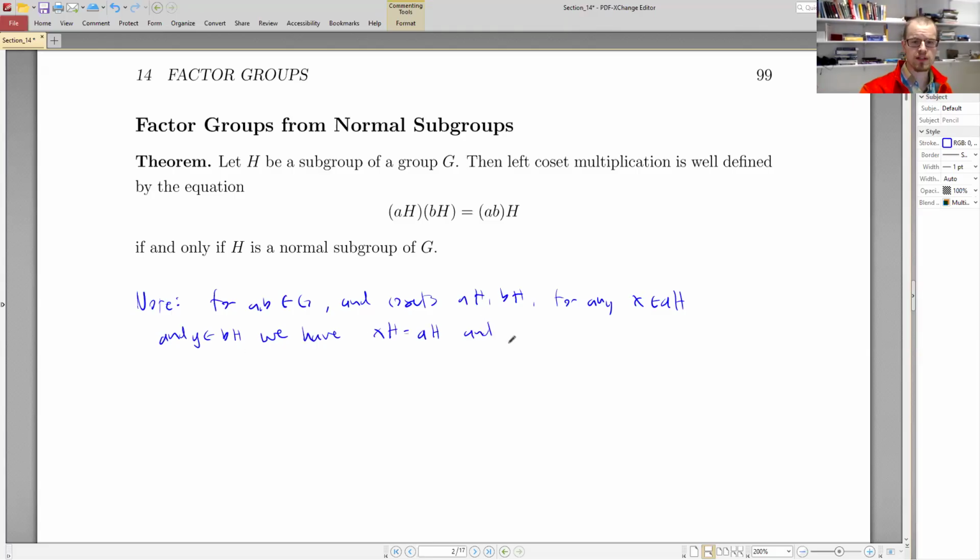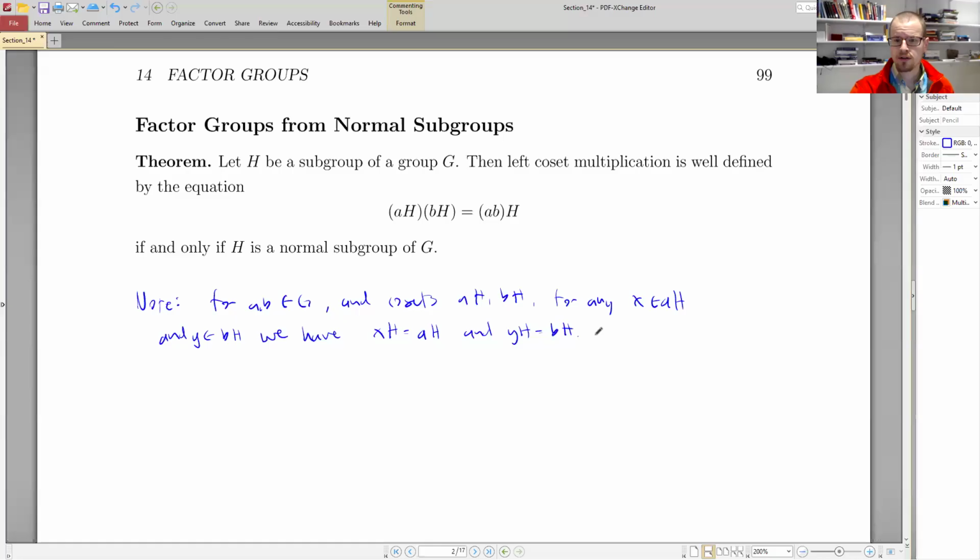And since y is in bH, yH is the same as bH. Excellent, right? That's just me picking a different representative for the coset. This is the coset which contains a. Well, if it also contains x, then I can write it as the coset which contains x. That's all that this is saying.